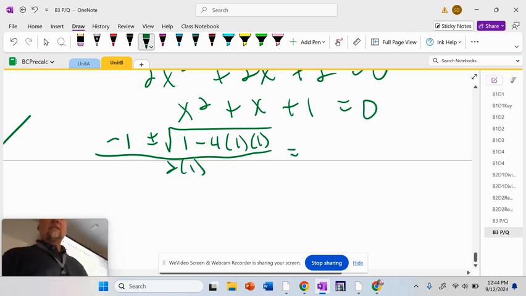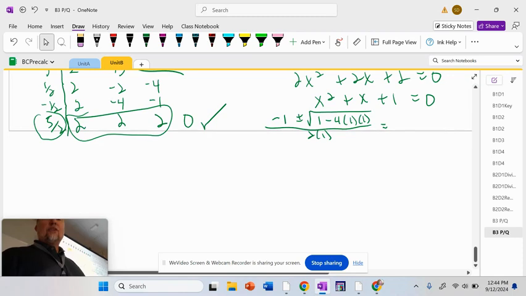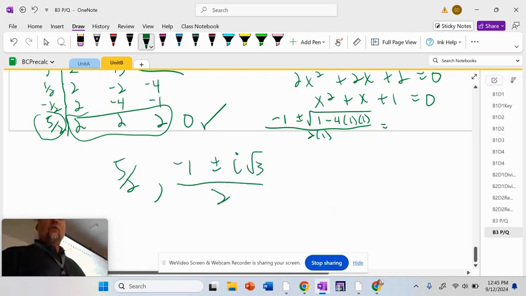So we're actually going against what the directions say. My zeros are 5 halves and -1 plus or minus the square root of -3, so that's i root 3 all over 2.